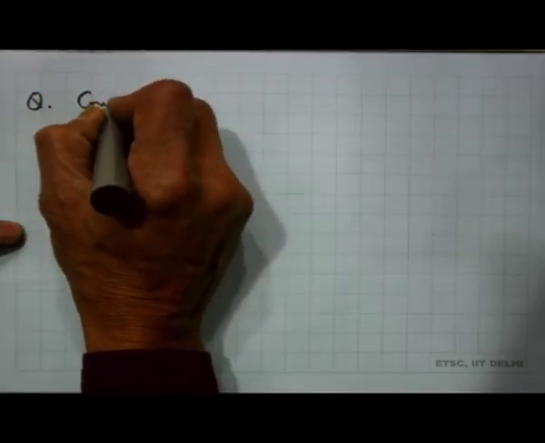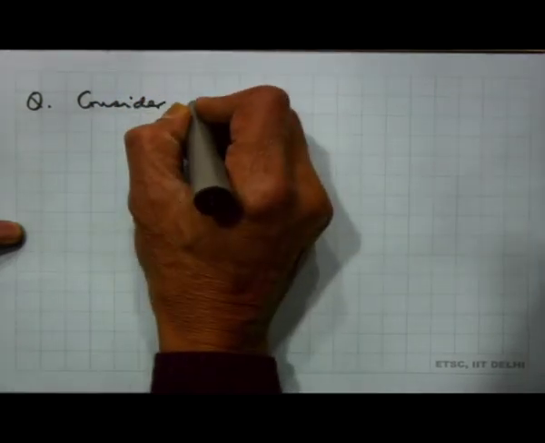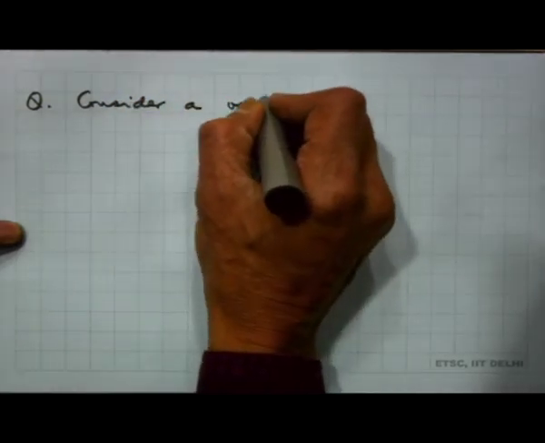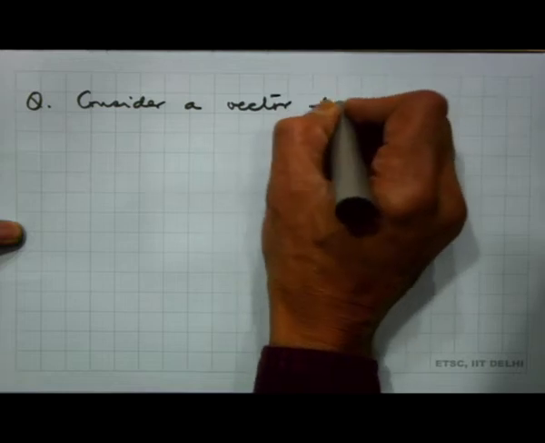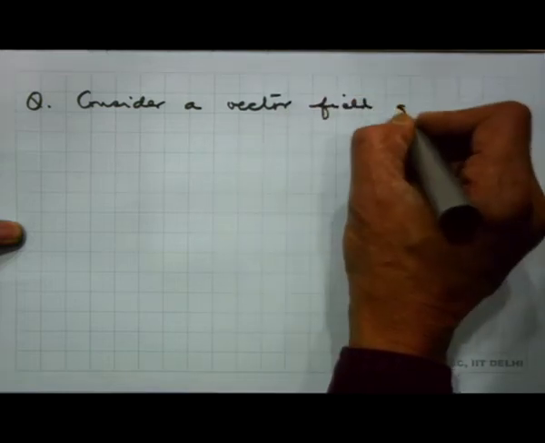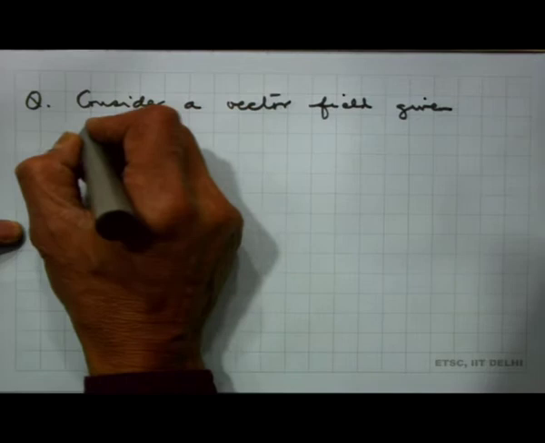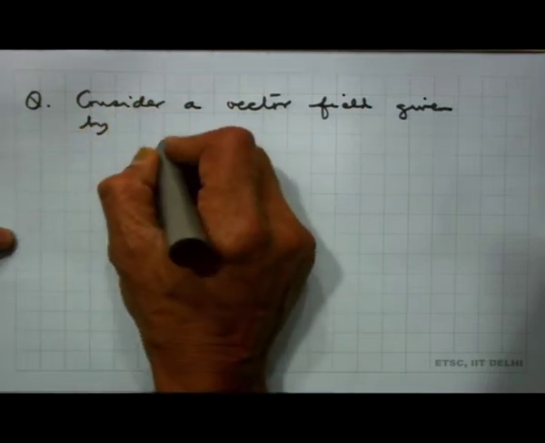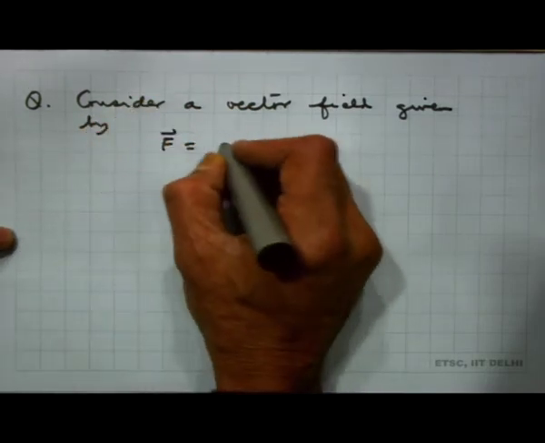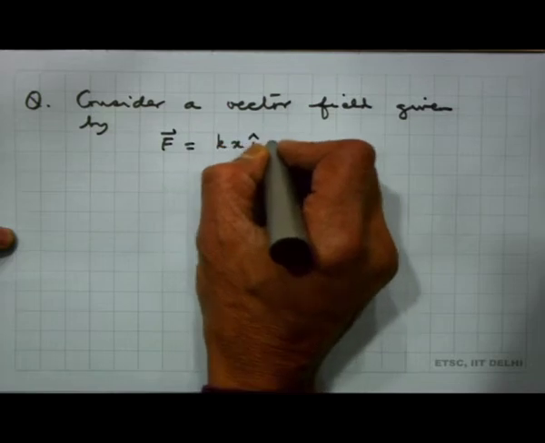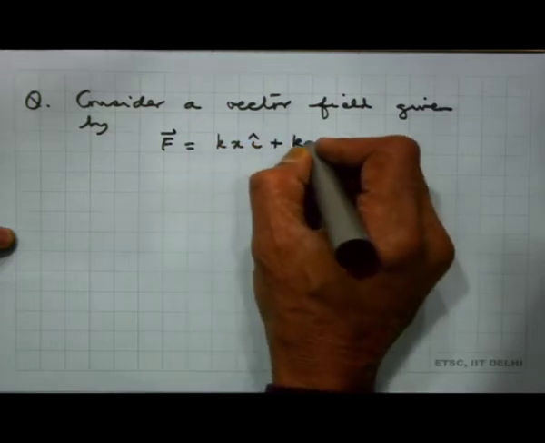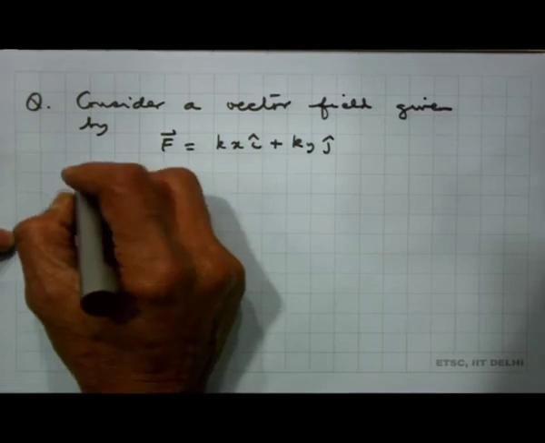Consider a vector field given by F is equal to k x i cap plus k y j cap, where k is a constant.